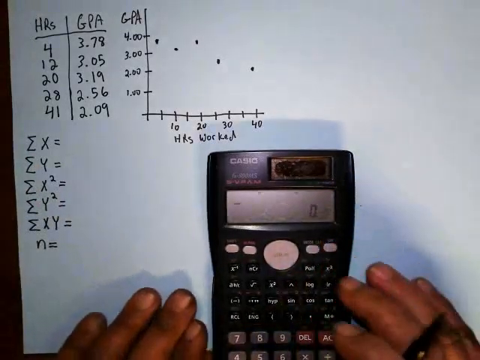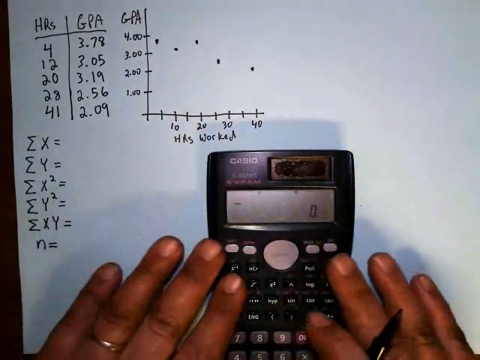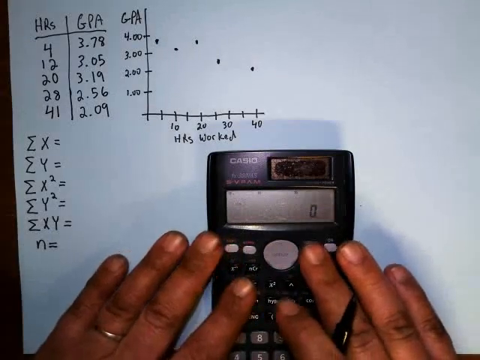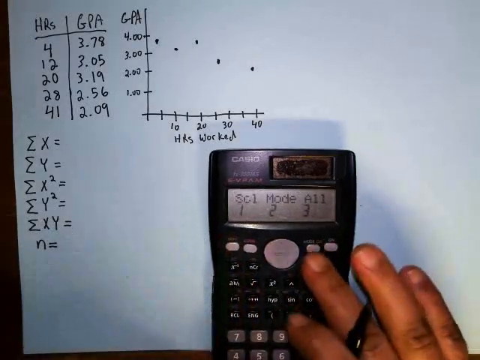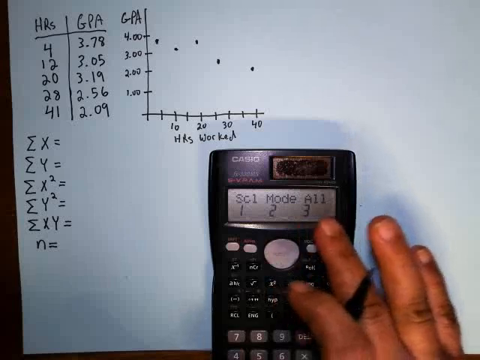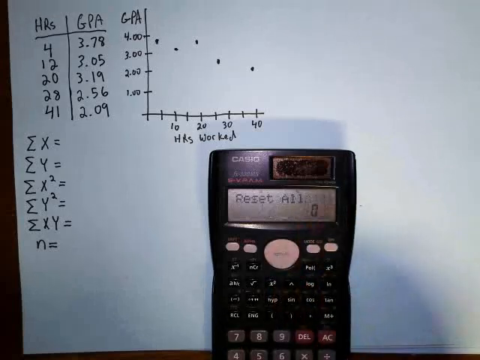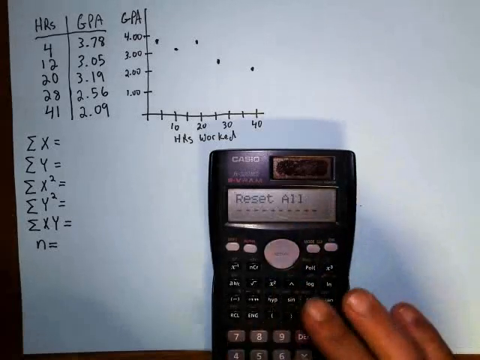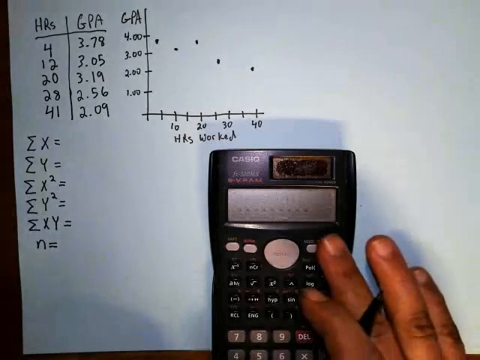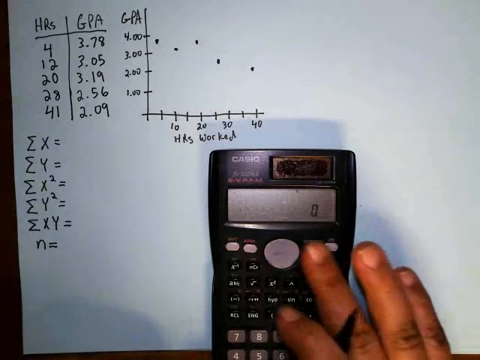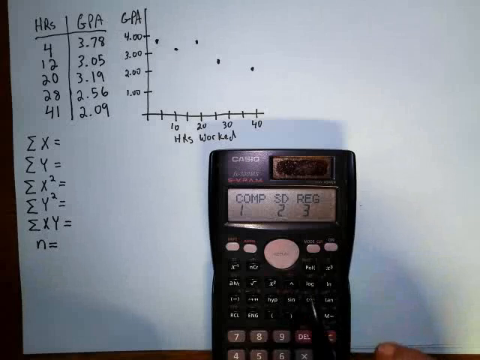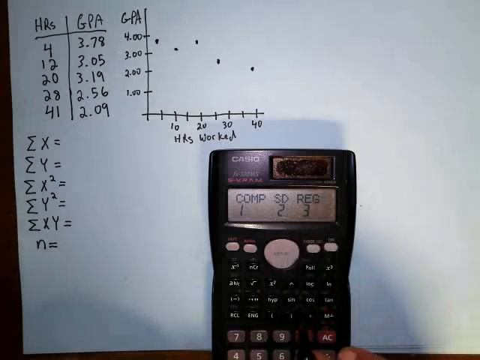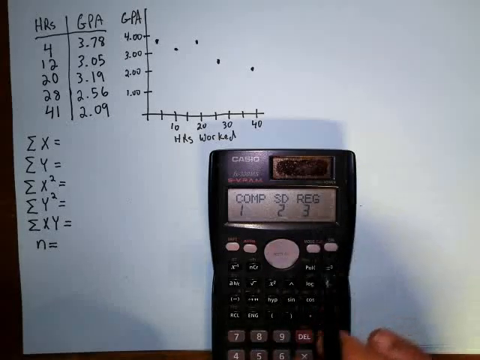The way that you use this one is you want to first make sure everything is clear. So I hit Shift and the Mode button, and this is what clears it. I'm going to hit 3 to clear everything and hit return. When you see the lines across, that means you've cleared everything. Now I'm going to hit Mode, and now instead of 2, I'm going to hit 3, and that stands for regression.